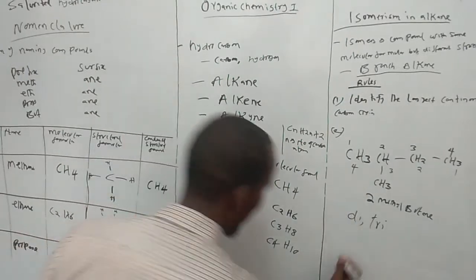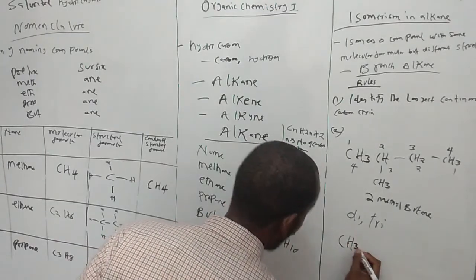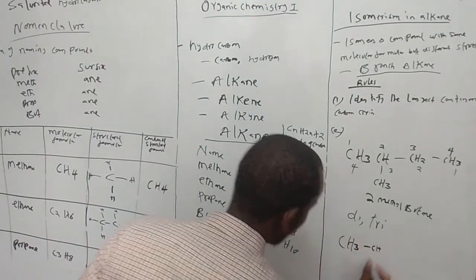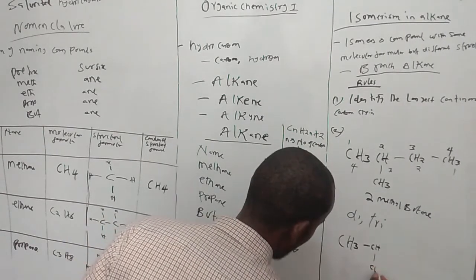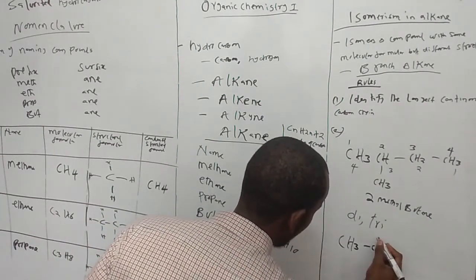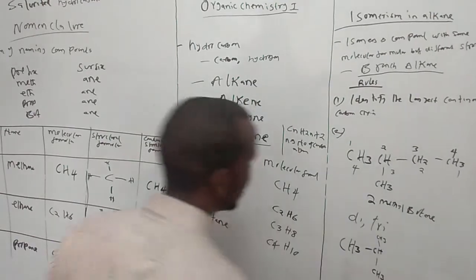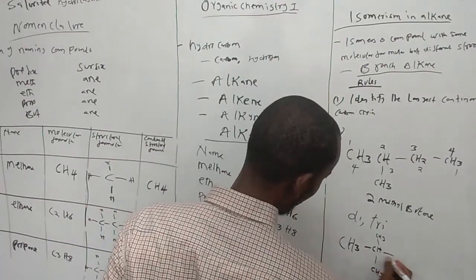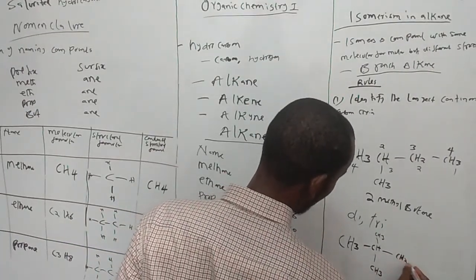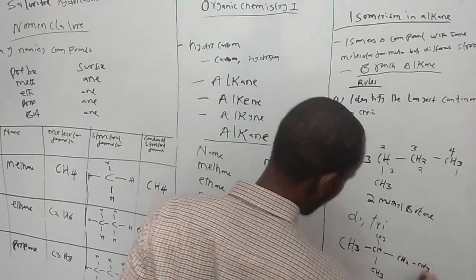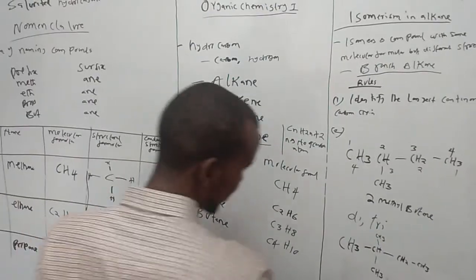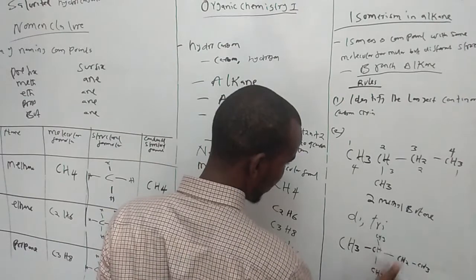You can take an example like CH3, CH3, CH3, CH2, CH3. For this case, the methyl group is attached twice.